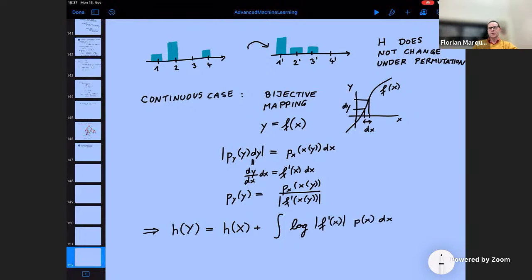So we get an extra term. We cannot avoid that. And this extra term is not a mere constant in the sense it does depend on the probability density p of x. So where it is concentrated and what is the derivative of f doing at those points. So we cannot avoid that.